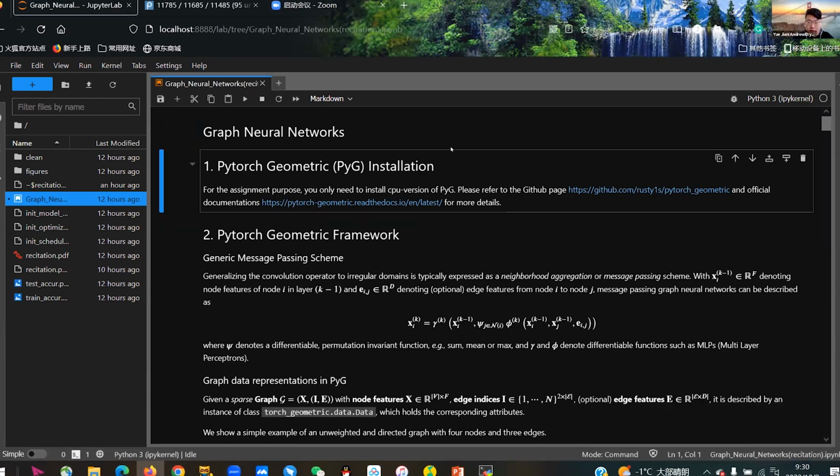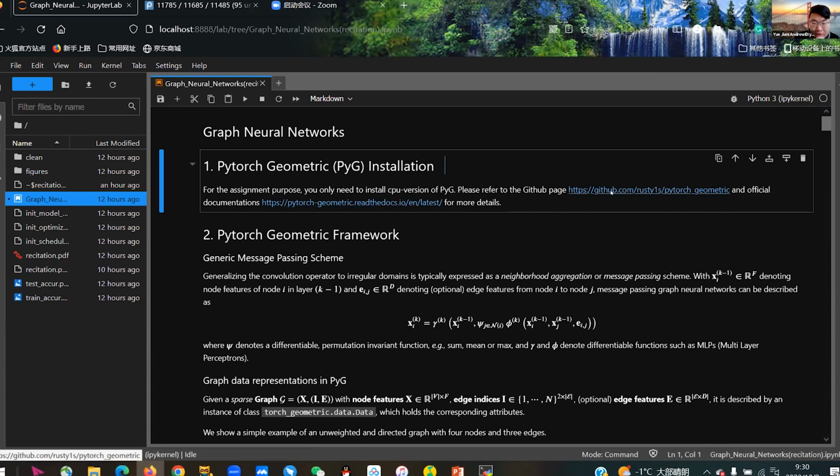So this is an example notebook for using PyTorch Geometric to build up the pipeline for GNNs. Since we don't have much time left, I will quickly go through it, and then it will be uploaded to the course website, and you can explore it yourself.